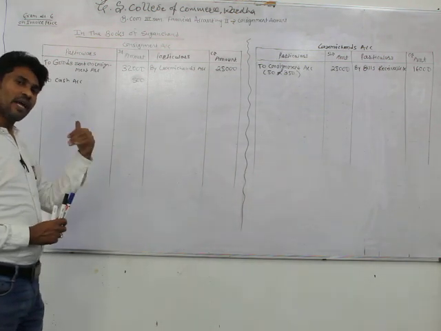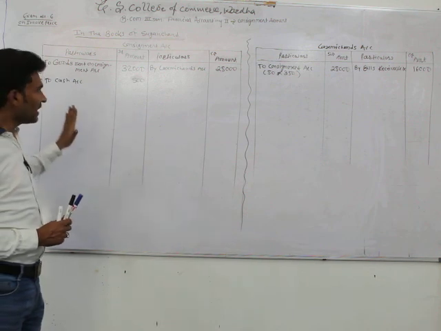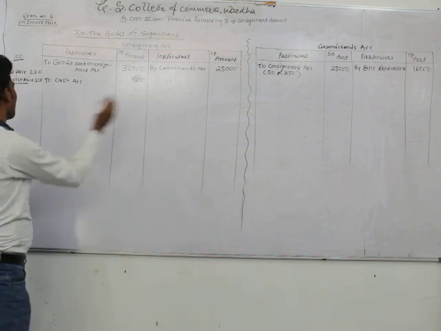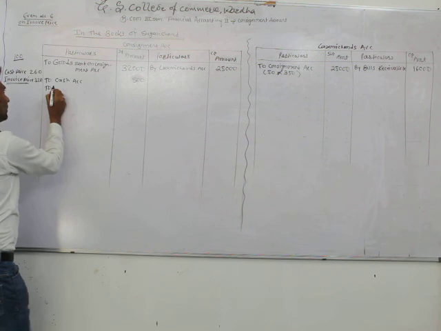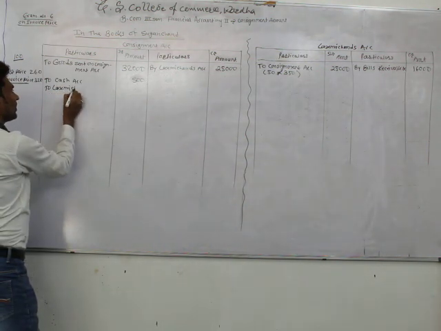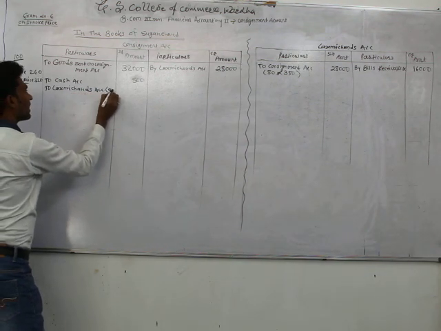When the consignee spends some expenses, the consignor passes the journal entry: consignment account debit and consignee's account credit. So write at the debit side of consignment account, by the name of Lakshmi Chand's account, for his expenses.